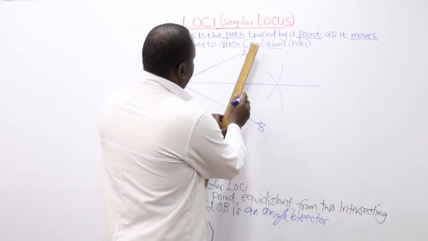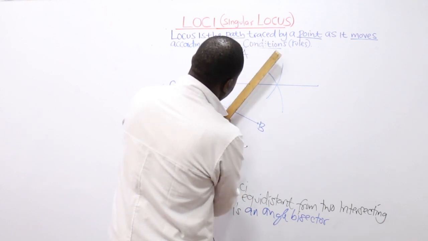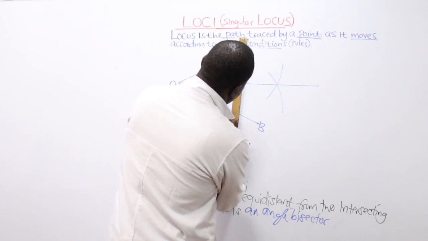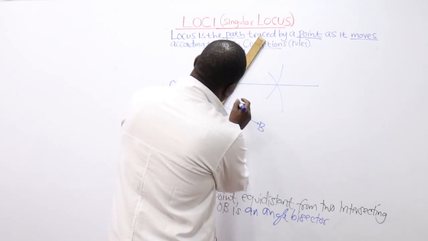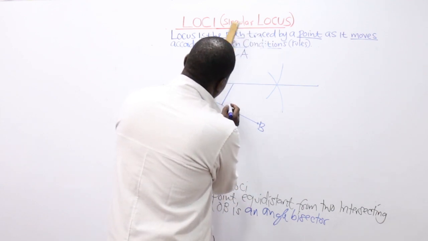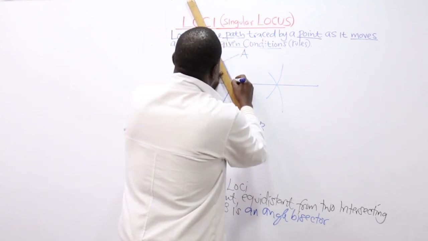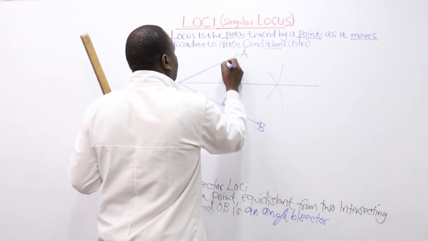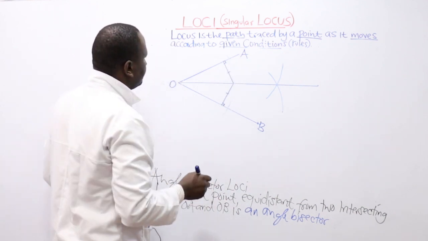Why is it? Because the perpendicular distance is always the same. So this distance is always the same.